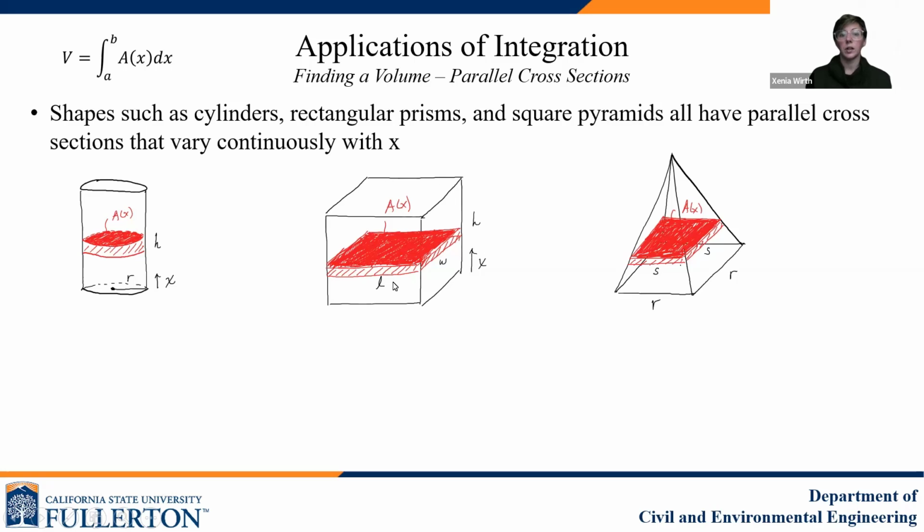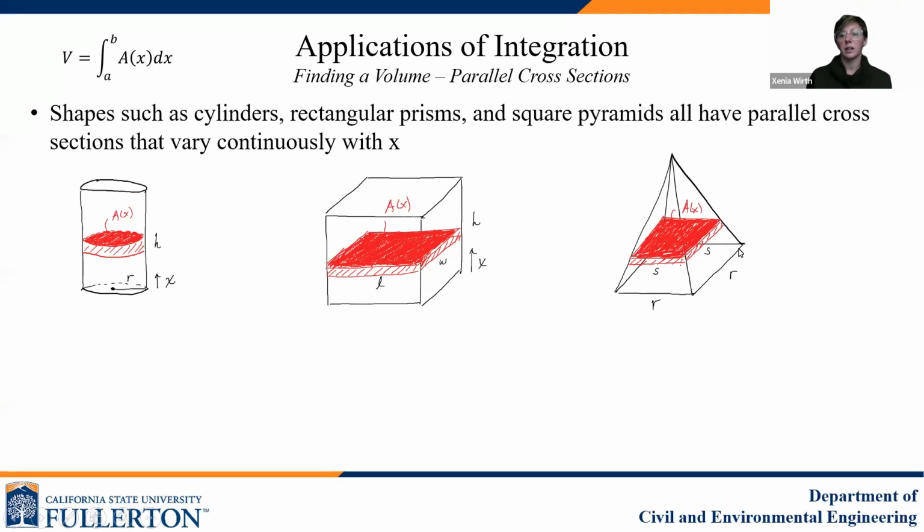The same thing for a cube or a rectangular prism. It has some cross-section described by the length and width of a rectangle, and you integrate that area over the height of the prism to find its volume. We can also use this relationship for some shape that's a little more complex, like in this case, a square pyramid.